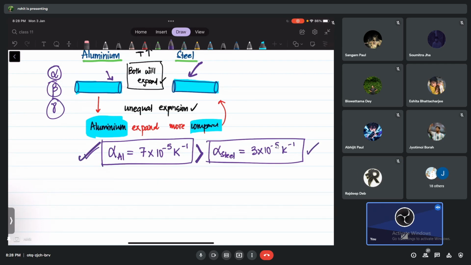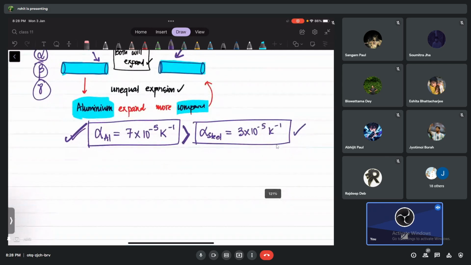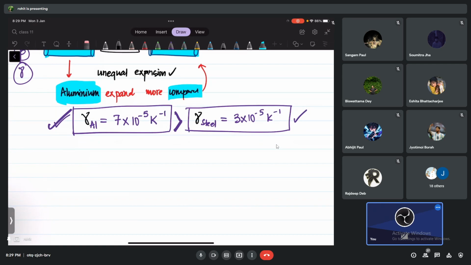And what do you think, guys? Sorry, I made a wrong number here. I wrote not alpha, I should have written gamma, that is volumetric expansion. Coefficient of volumetric expansion values I'm writing, not of alpha. But I think you can also understand whose volume will expand more from these numbers. Aluminium, compared to steel.